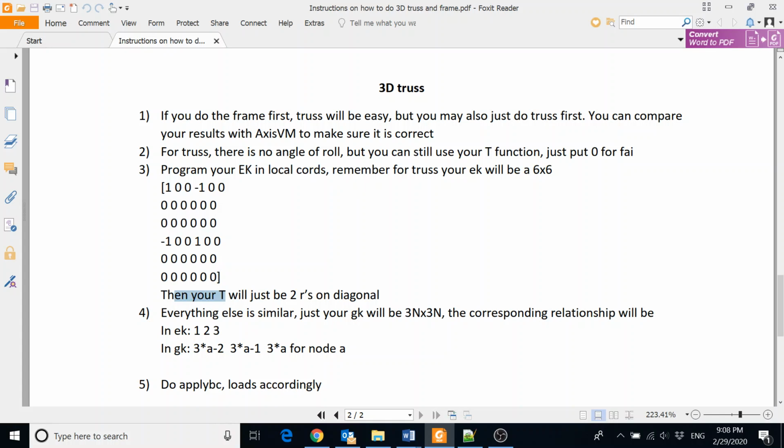Then your T will just be 2 of the R's in diagonals. So your T, in this case, is a 6x6 because your EK is 6x6. You only have 3 degrees of freedom per node.